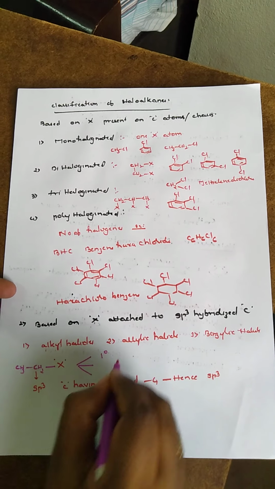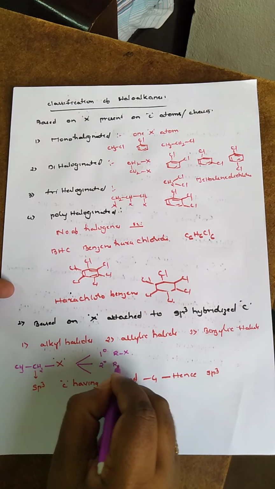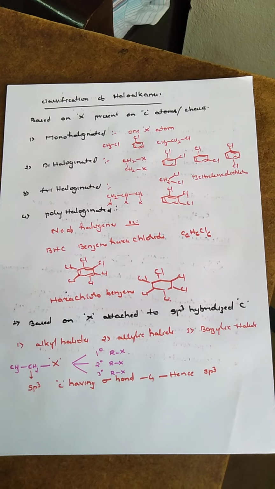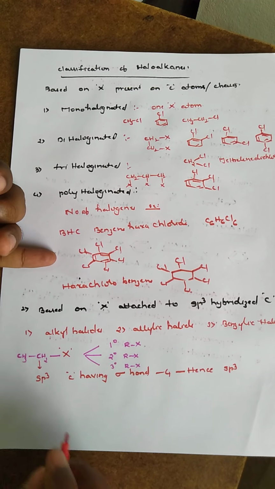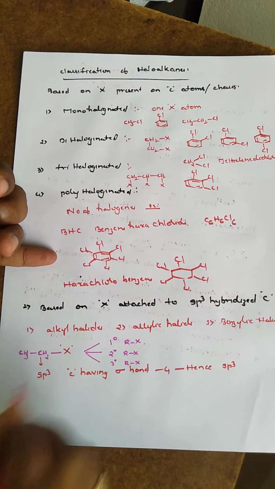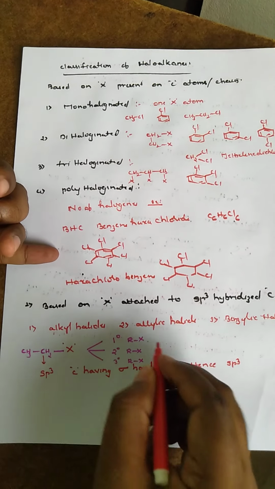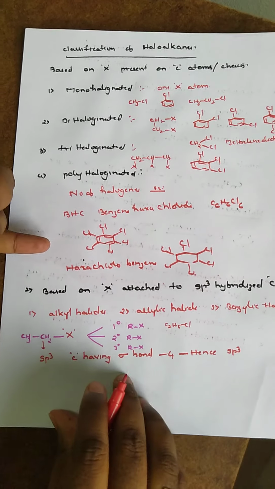One we will call primary alkyl halide, another secondary alkyl halide, and another tertiary alkyl halide. Always, if the carbon bearing the halogen is attached to only one carbon, then we will call it a primary alkyl halide. For example, ethyl chloride, a primary alkyl halide.